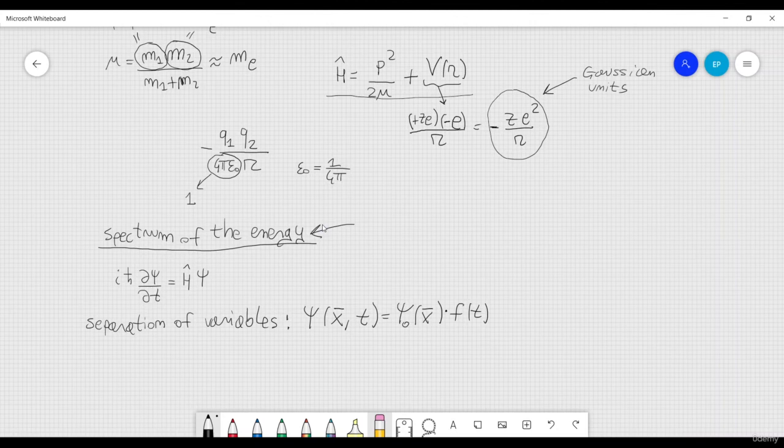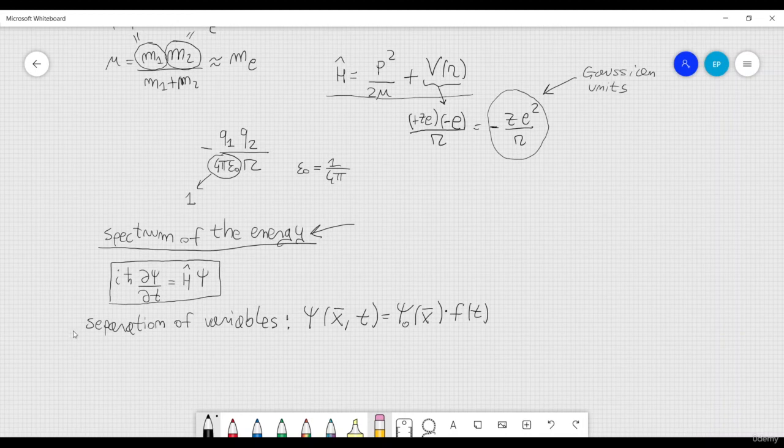The theory that helped understand the behavior of these particles and of these atoms was quantum mechanics. And this is where we had to start from. So we have to start from the most important equation in quantum mechanics, which is the Schrödinger equation. And from here, we have to derive everything else.